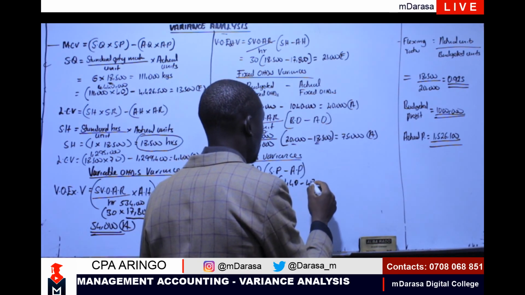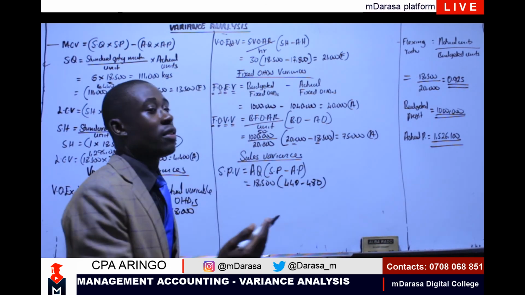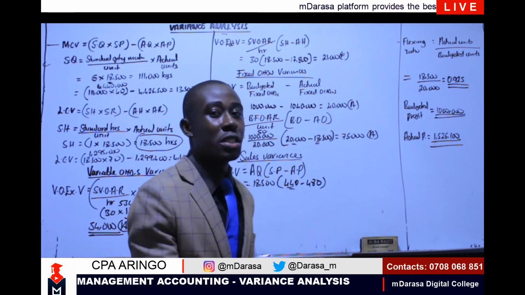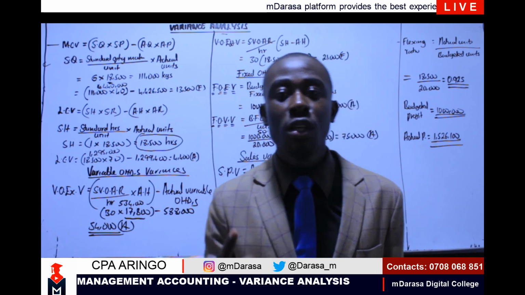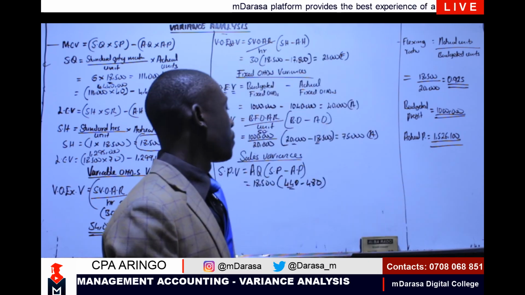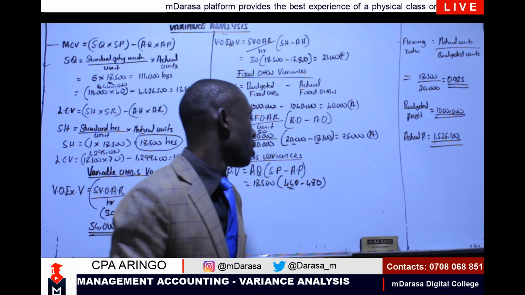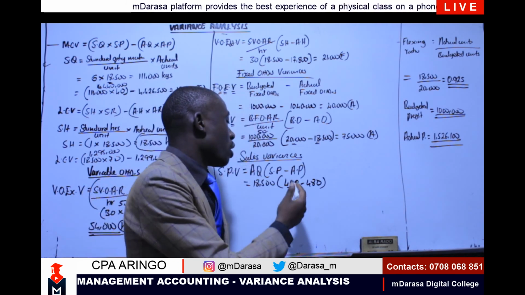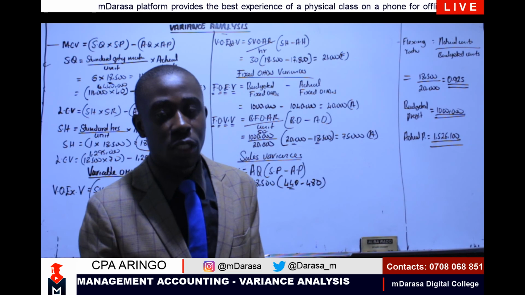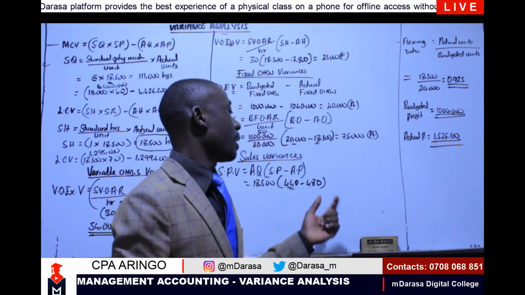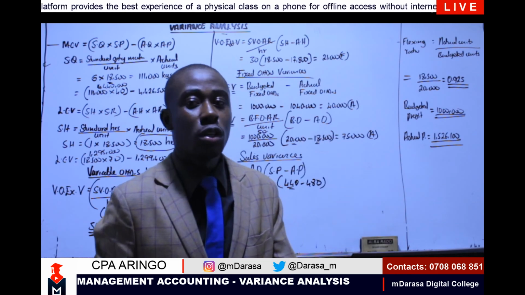minus 480. Already I'm seeing I'm having an adverse variance because I had planned to receive, I budgeted to receive 440 for every unit that I'm selling. But I ended up receiving 480. This is a favorable variance, right? This is a favorable variance. You had budgeted to receive 440 shillings per unit, but you ended up receiving 480, meaning that you're receiving more than what you had anticipated.